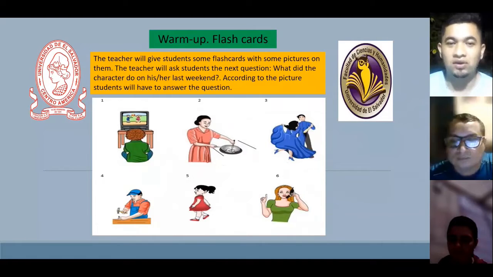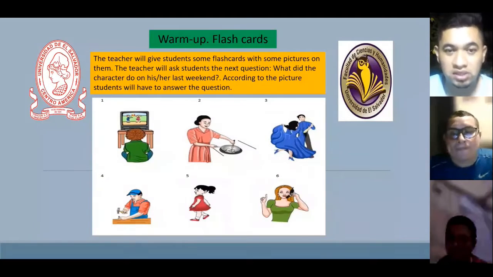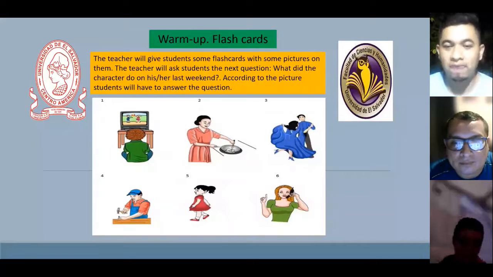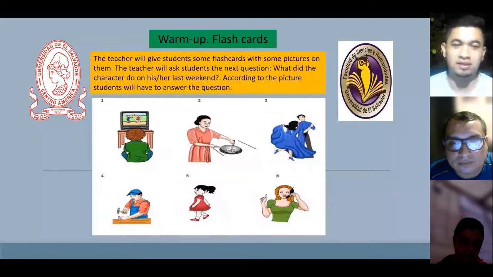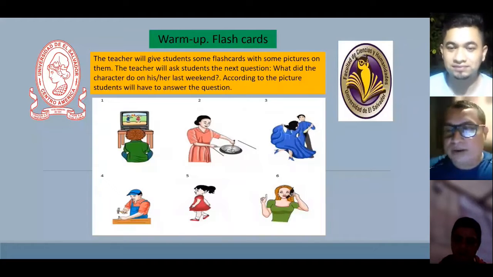Okay, so in this case, guys, you are going to take a look at the image. You are going to create a sentence about what the character in the picture is doing or did last weekend. So I don't know if you have any question, any doubts about it. No? Oh, I am reading.